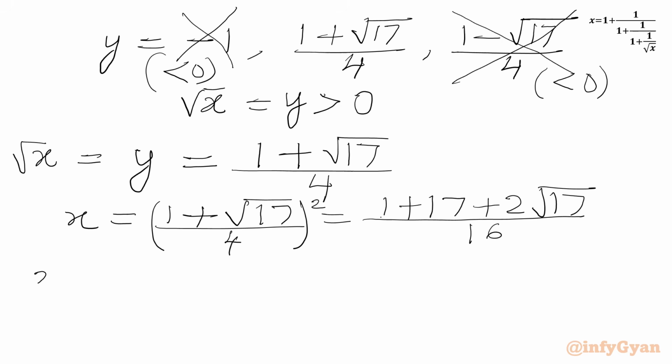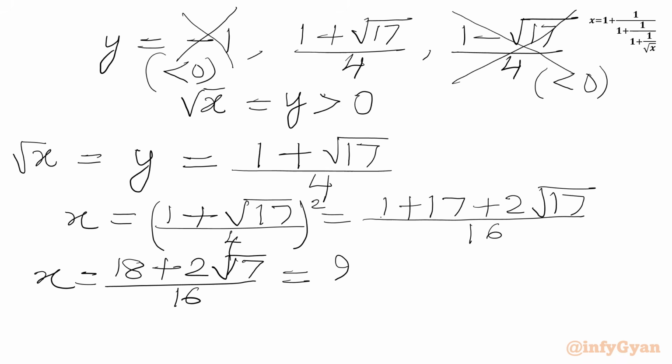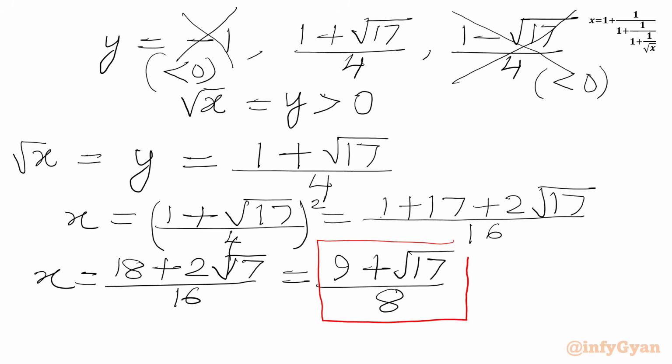So x equals 18 plus 2 square root 17 over 16, which equals 9 plus square root 17 over 8. So our final answer is 9 plus square root 17 over 8.